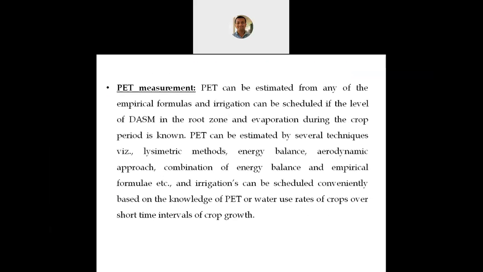So in this climatological approach, the first method is the PET measurement, or the potential evapotranspiration measurement. Potential evapotranspiration can be measured from any of the empirical formulas like the Blaney-Criddle method or the Thornthwaite method, where they take into consideration weather indices like temperature and solar radiation for determining the potential evapotranspiration of a place in a day at a time.